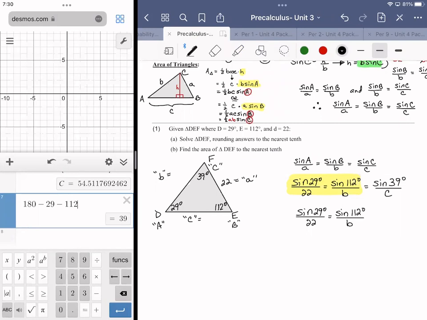So when you cross multiply, this is going to be b times the sine of 29 degrees is equal to 22 times the sine of 112 degrees. If I want to get b alone, I would just divide both sides by the sine of 29 degrees. It would cancel completely on the left, leaving me with just the b.